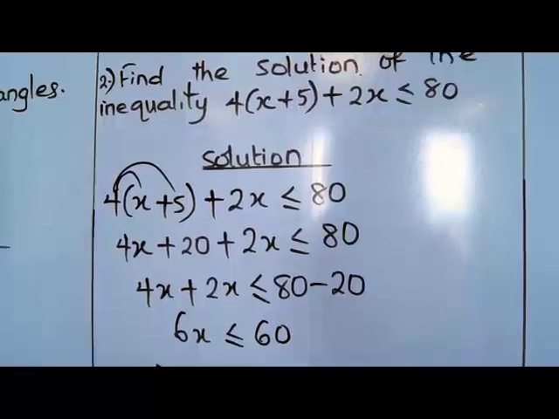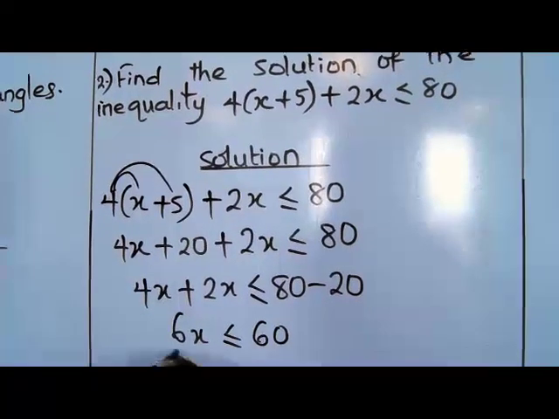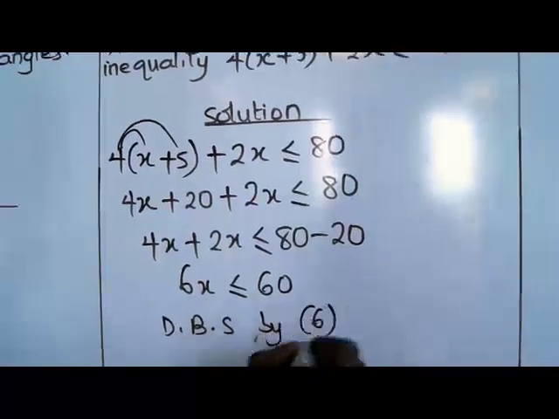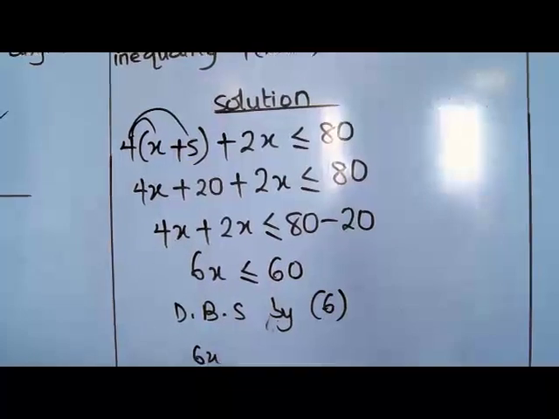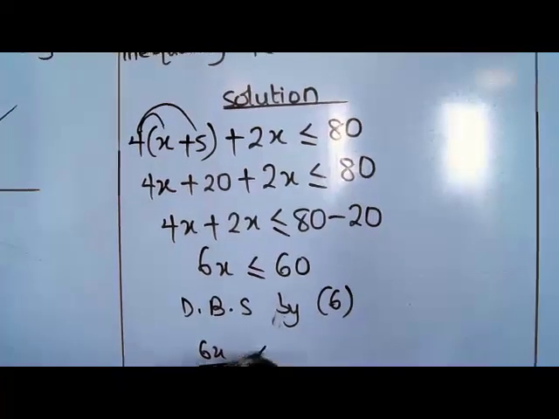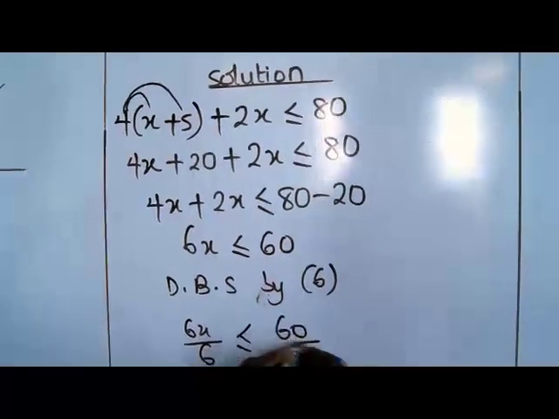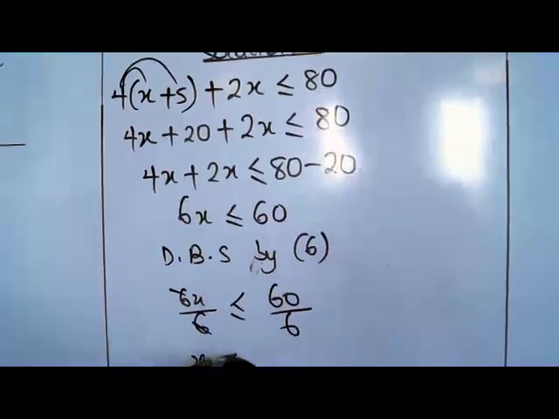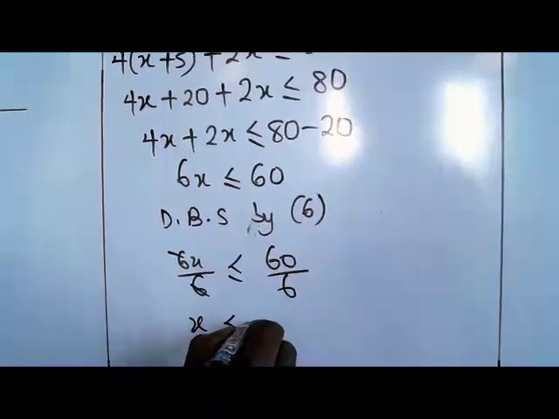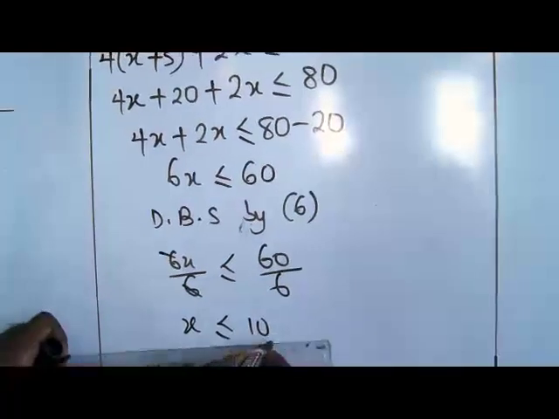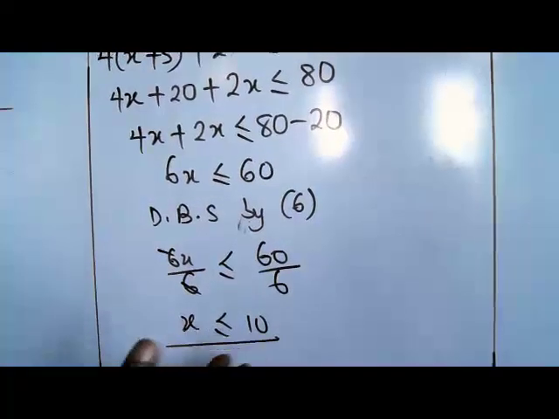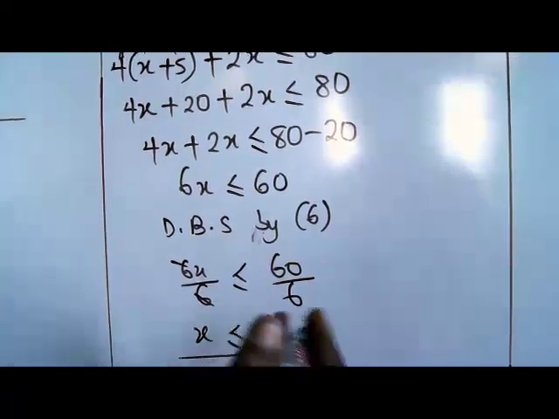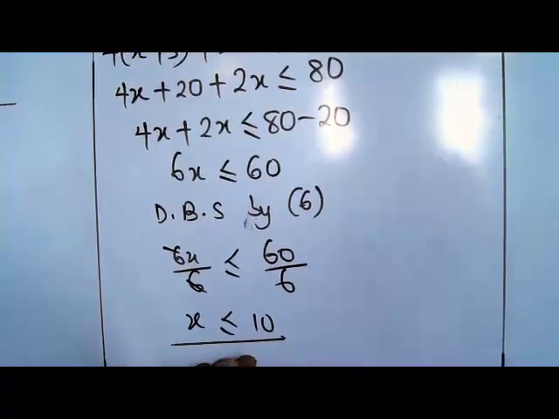Now, if we divide both sides by the coefficient of x, which is 6, I'll be having 6x divided by 6 less than or equal to 60 divided by 6. So x will be less than or equal to 10. This is the kind of solution where we may be asked to find 3 possible values or 4 possible values, or a particular number of possible values of these.